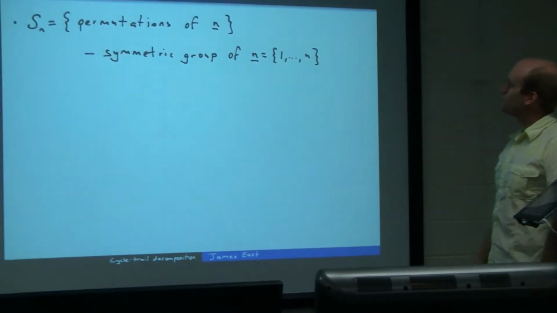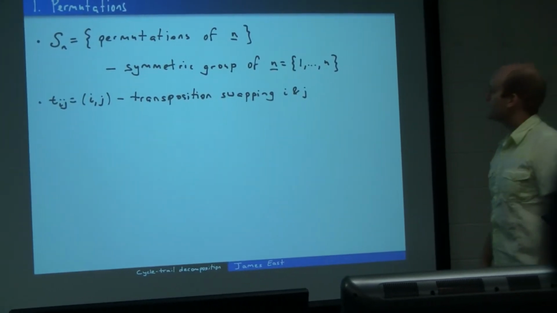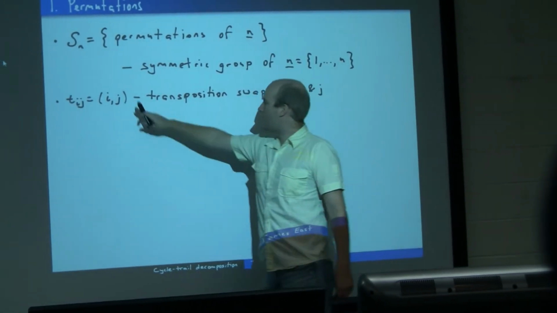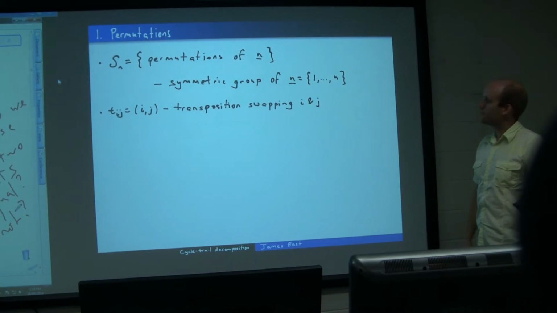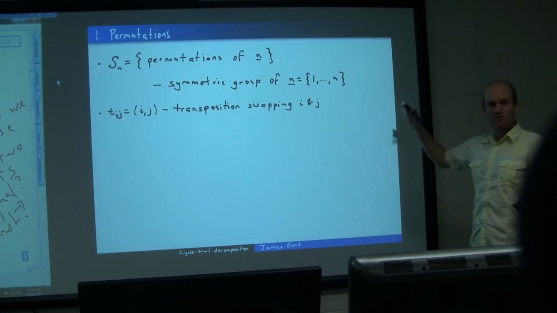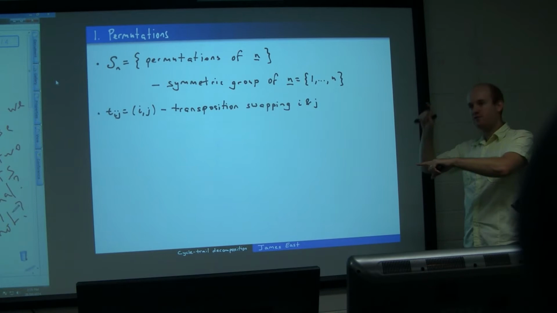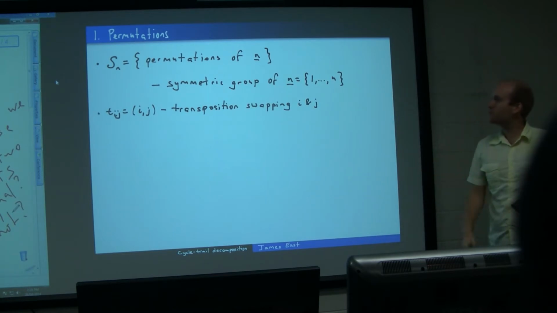So Sn is the set of all permutations, and as I've already done, I'm going to write (i j) as the transposition that swaps i and j. So strictly speaking, this is a permutation that sends i to j, j to i, and maps everything else in a fixed way.